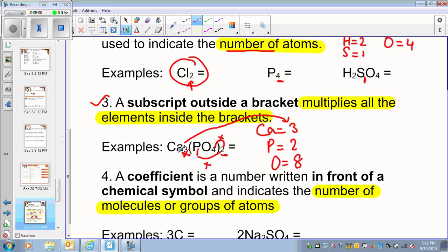On the other hand, instead of having a number on the parentheses, if there is a coefficient in front, say 3 Ca3(PO4)2, this 2, as I explained, multiplies with oxygen and phosphorus. But this 3 multiplies with everything in front of it.